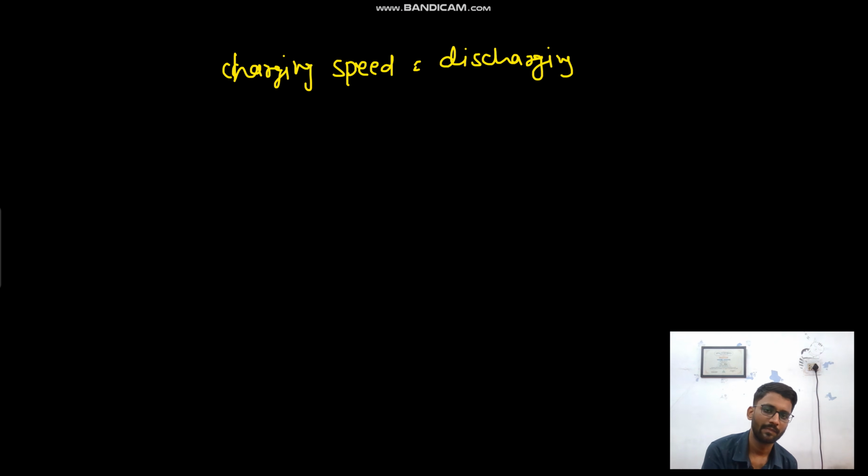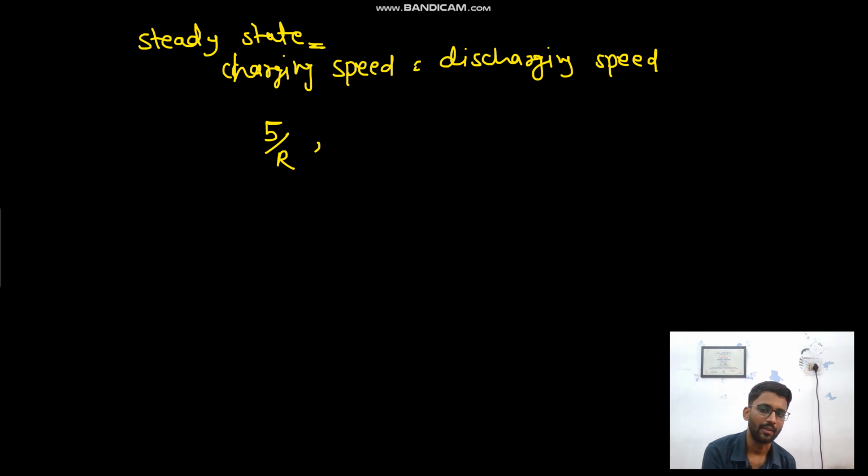Charging speed equals to discharging speed. That will be steady state. Steady state will be reached when charging speed equals to discharging speed. So at what point it will be equal?